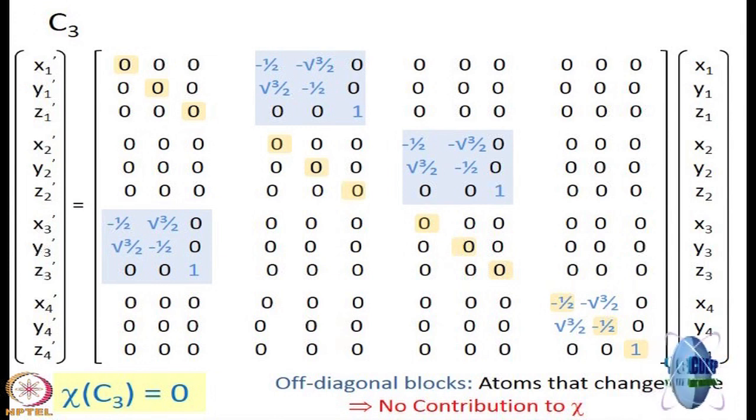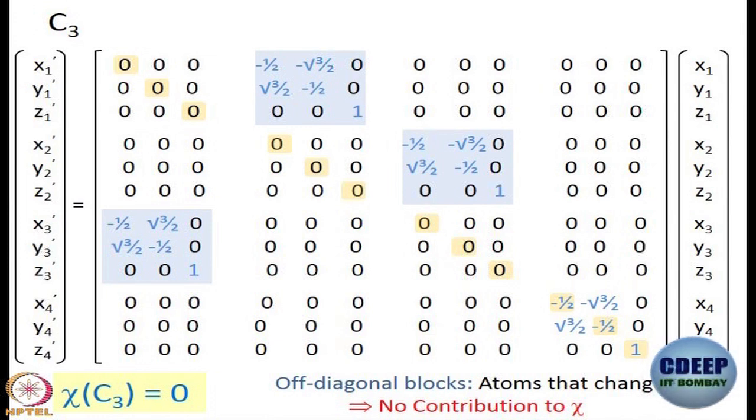Atom 4, the only atom that has not moved from its own position as a result of the transformation. This is very important, and to get this one matrix we have spent half an hour. Now we are going to get the other matrices in a matter of 2-3 minutes each.